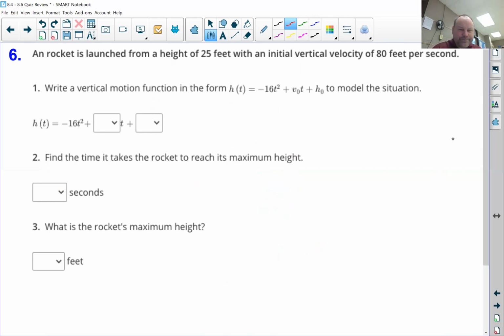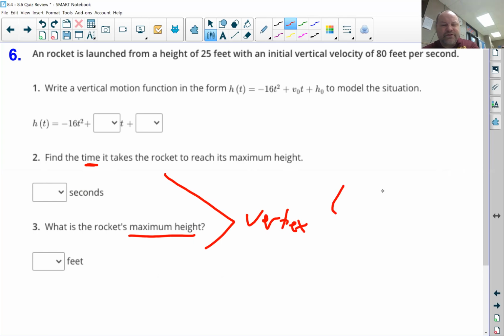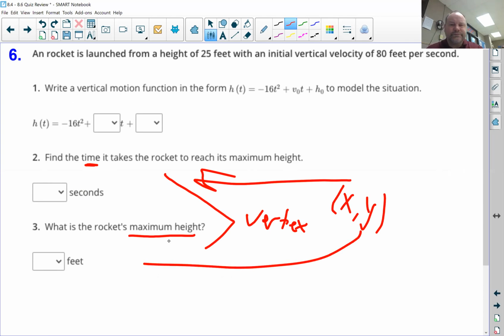Fill in the equation. Find the maximum height, find how long it takes to get to the maximum height. Remember, the maximum height and the time it takes to get to the maximum height are simply your vertex. It's your X and Y values of your vertex.